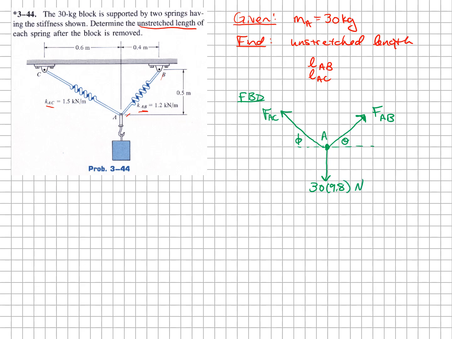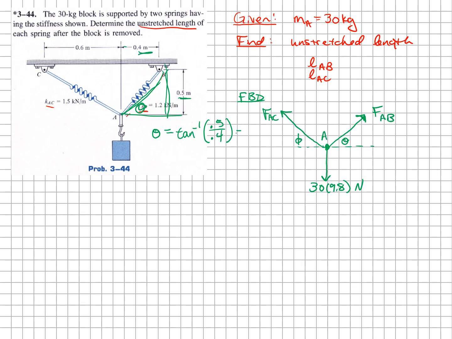So we can define theta looking at our dimensions given. Theta here, this angle, is equal to the angle whose tangent is opposite over adjacent, so 0.5 over the adjacent.